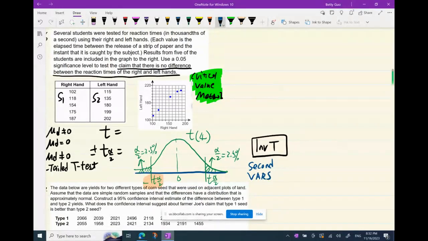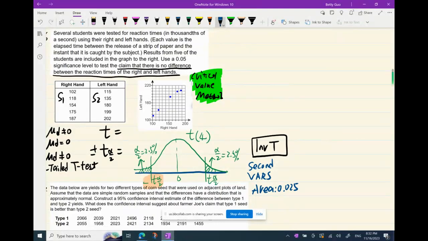In the menu, we are going to select inverse T, number 4. The area must be the area of the region to the left of the critical value. So we are going to enter the area, which is 2.5%, that is 0.025.